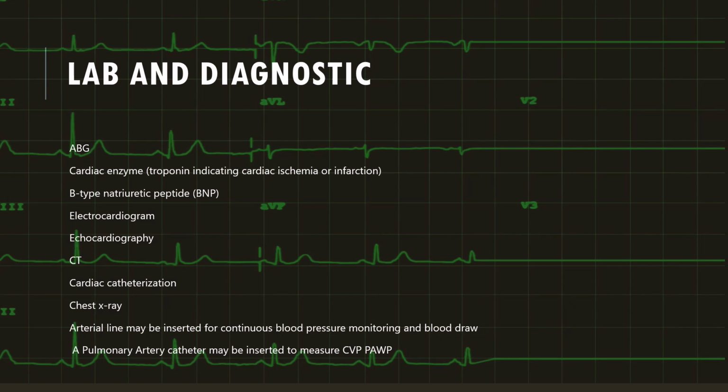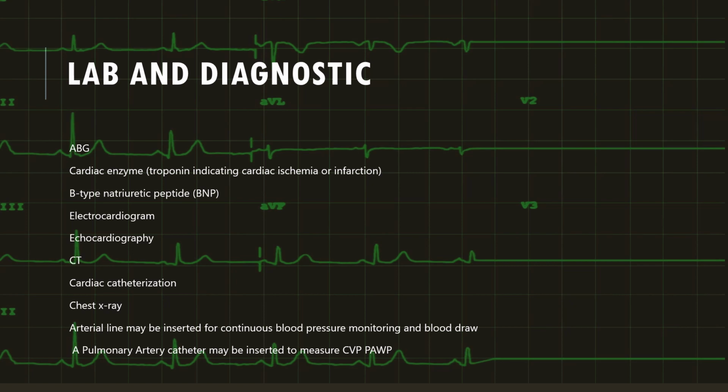For lab and diagnostic tests, we will do ABG, which will measure the balance of oxygen and carbon dioxide in the blood. We will also do B-type natriuretic peptide, which is the BNP. This will show elevation in response to increased left ventricular pressure.